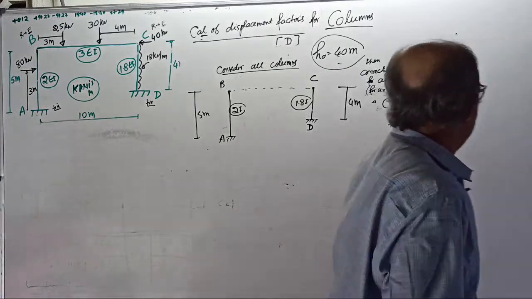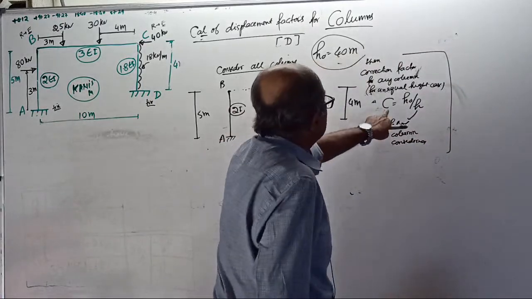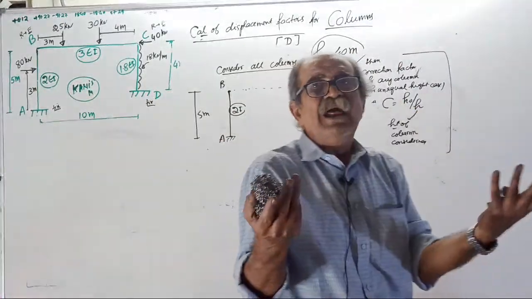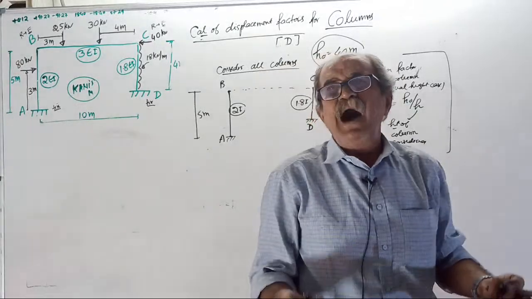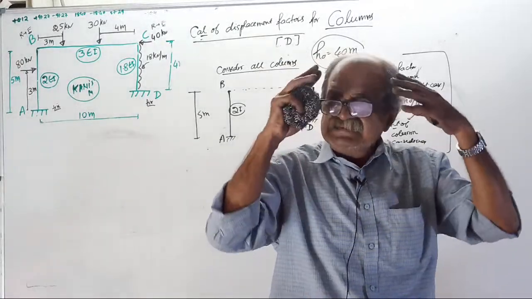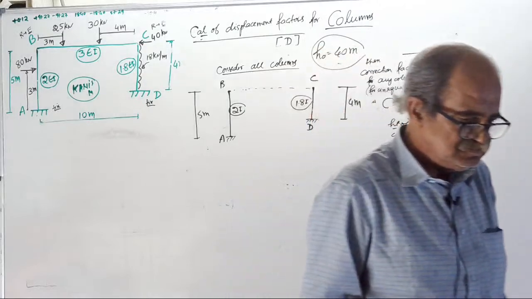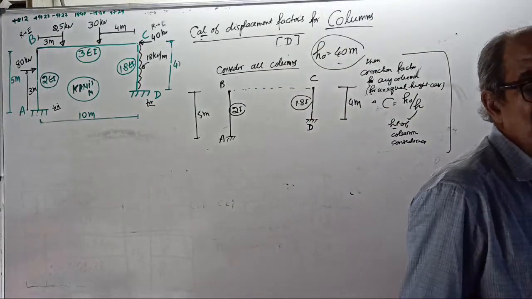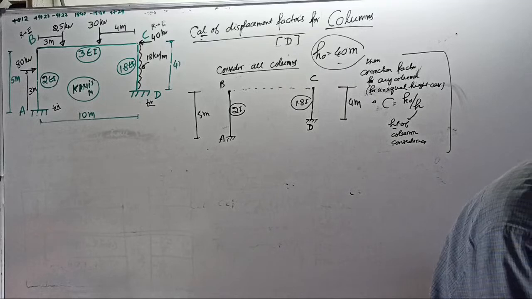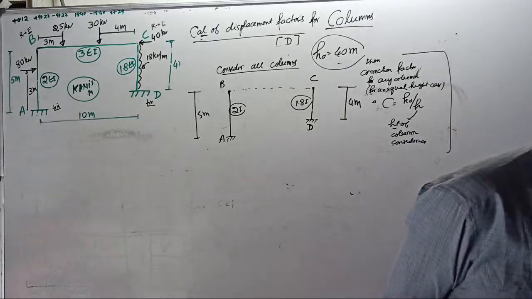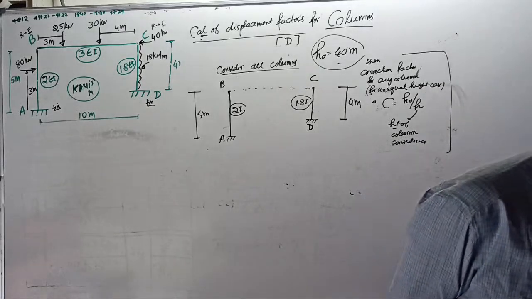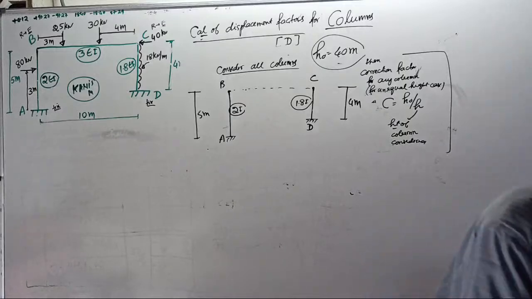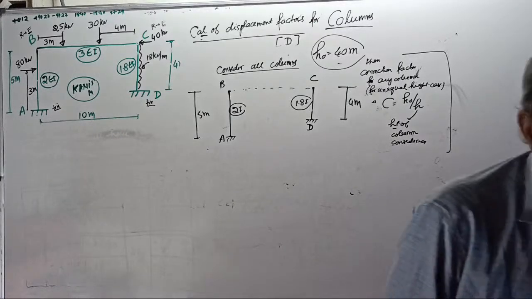Okay, tell me, if the columns are of equal height, then there is no reference height; whatever the common height is, that itself is the reference height. If the columns are of the same height, what is the C value? C equals 1.